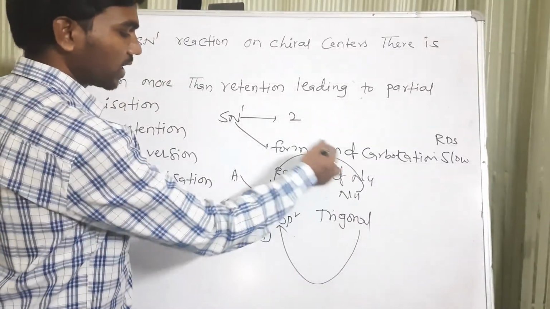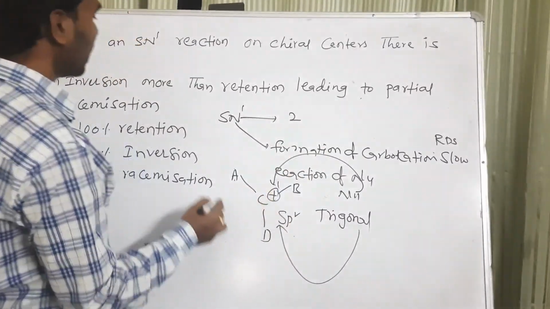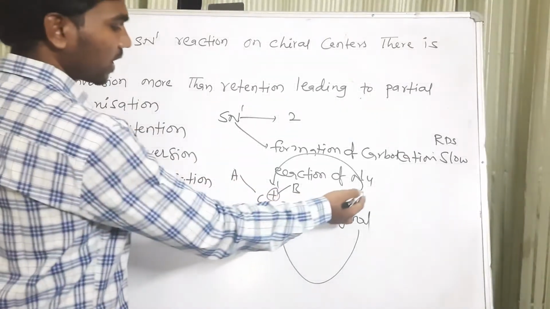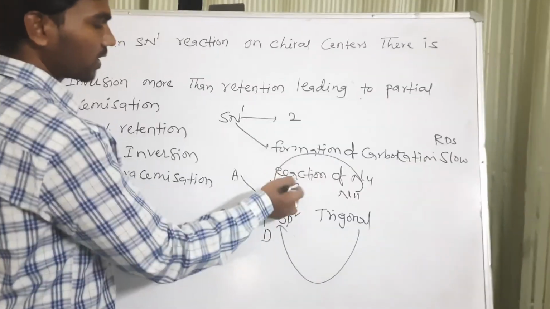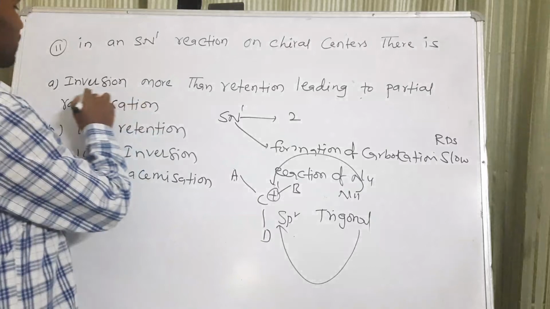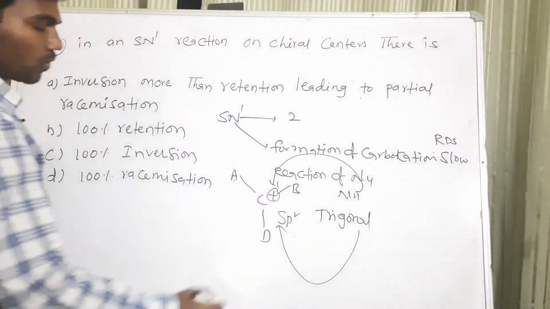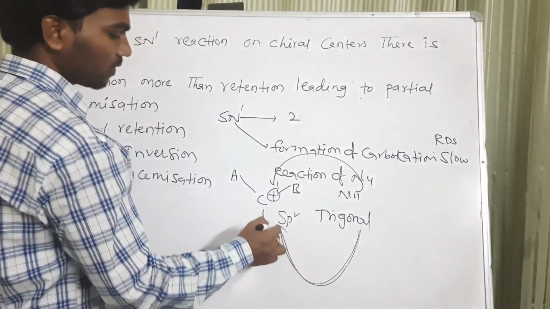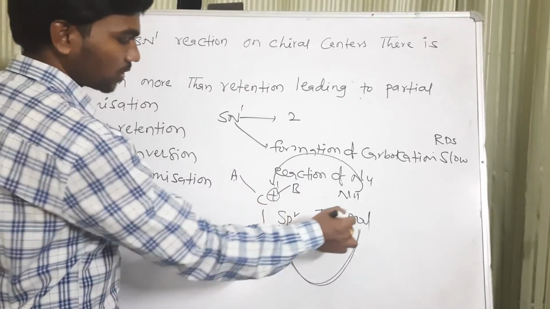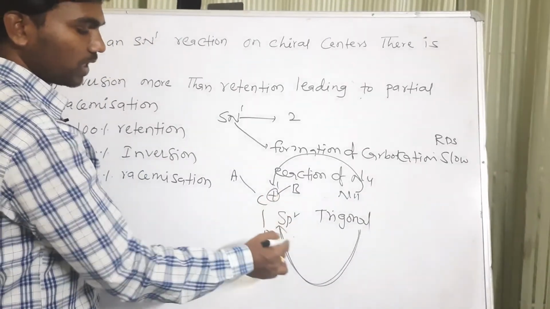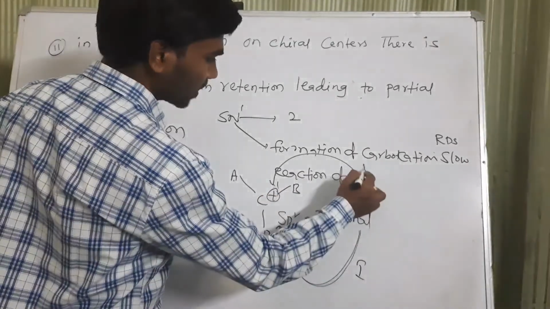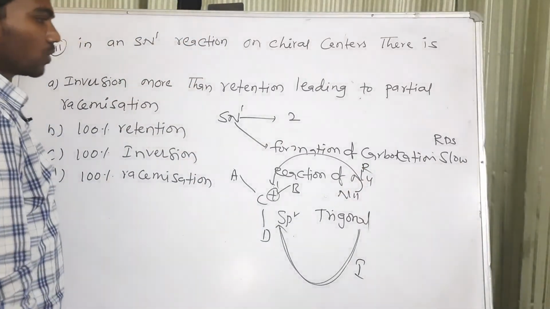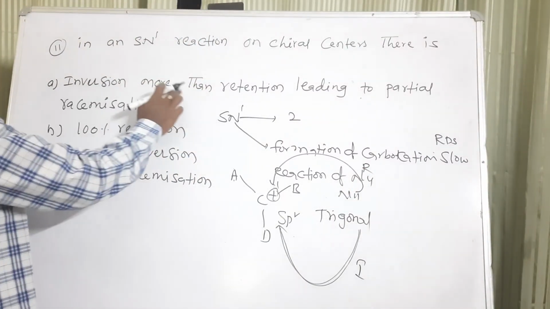When the nucleophile attacks from the alkyl halide direction, retention of configuration will form. When the nucleophile approaches from the opposite side of the halide group, inversion of configuration will come. So here inversion more than retention.